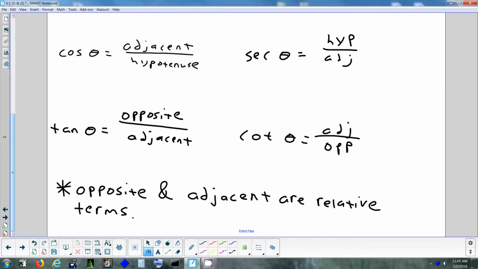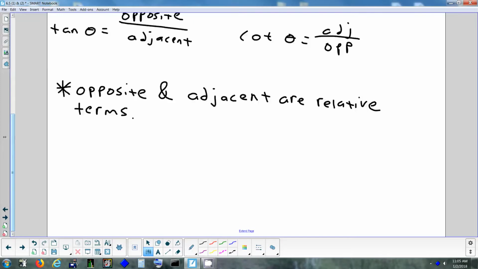So in a triangle, when you're dealing with opposite and adjacent, you can't ask me where's opposite and where's adjacent in that triangle. I can't tell you. You haven't given me a perspective to look at it from.